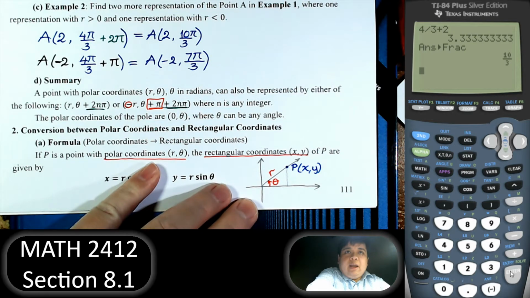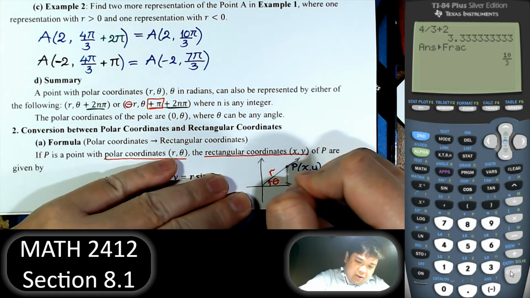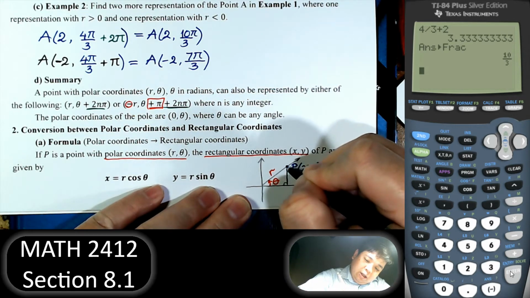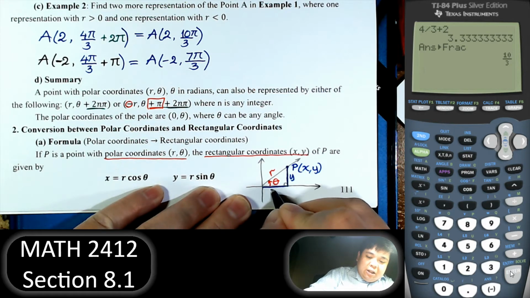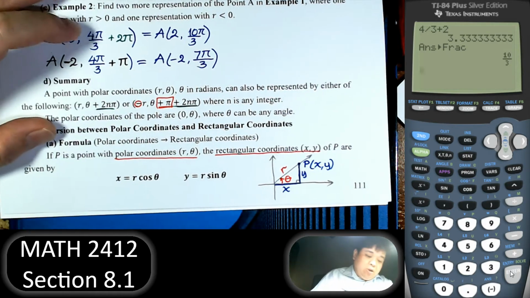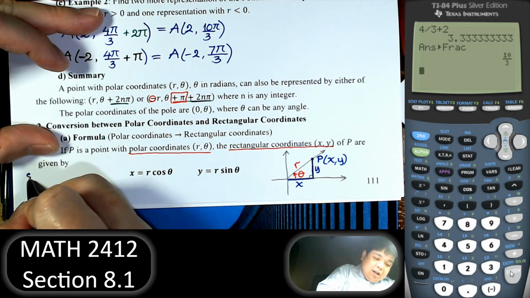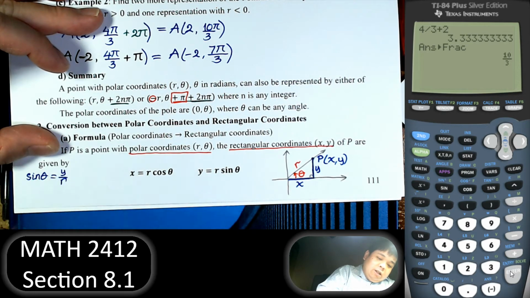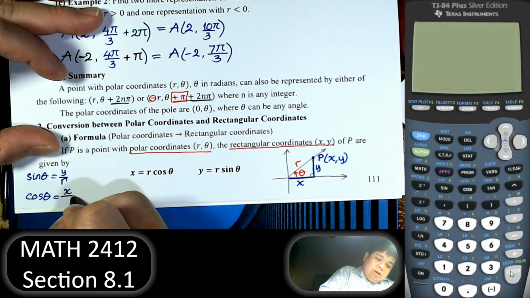Right, and then of course this is a right triangle, so this is going to be y, this is going to be x, and we have the same trigonometry as we always have. Sine of theta is y over r, and cosine of theta is x over r.